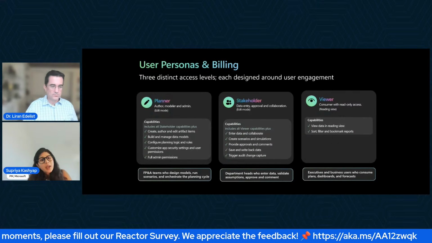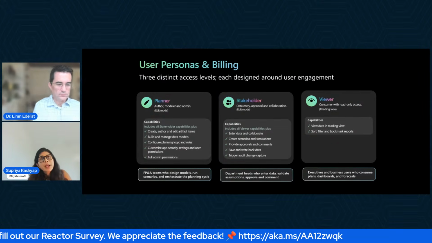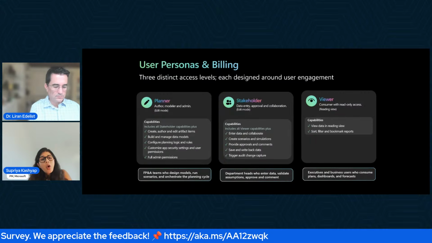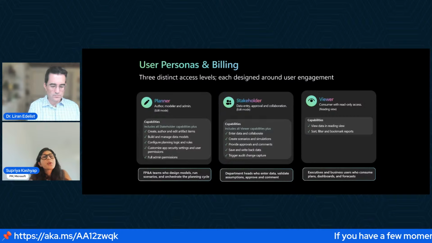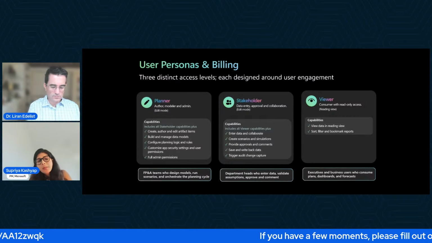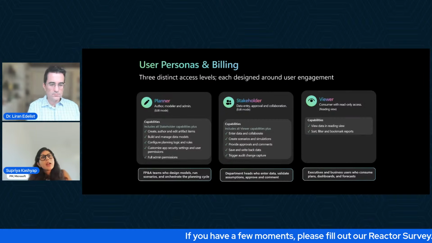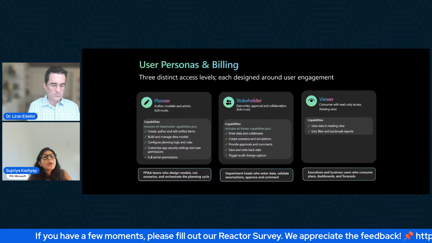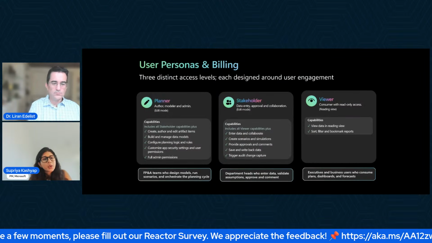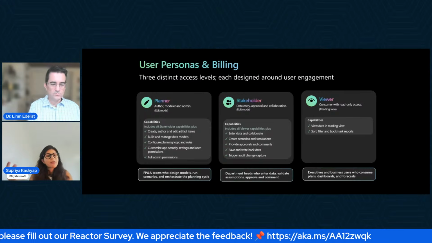Then you have stakeholders. You have collaborators who do not author the plan item by themselves, but you would need to collaborate with them to provide approval, to provide some comments, as Liran was showing earlier, to trigger some sort of change capture, etc. Think about department heads whose input you want to take once you have made the plan.